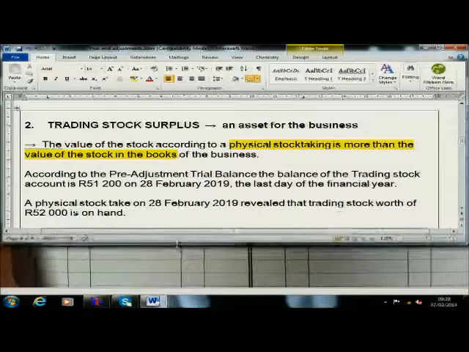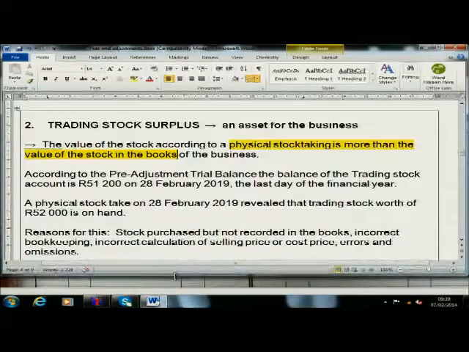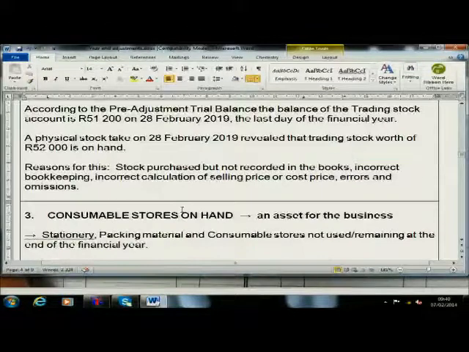The reasons are not theft, not somebody sneaking into the storeroom and putting things on the shelves. No, the main reason is stock purchased but not recorded in the books. So we bought some stock, we put it on the shelves, and we don't record it. Also, incorrect bookkeeping, incorrect calculation of selling price or cost price, errors and omissions. Trading stock surplus. There's our example.